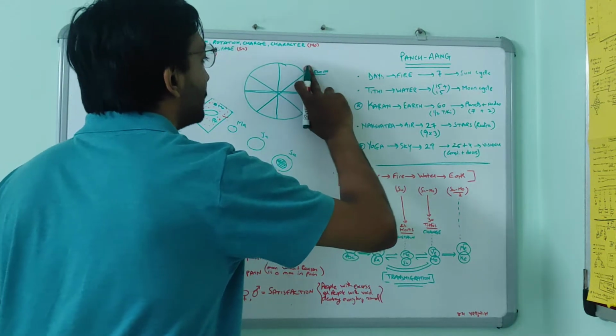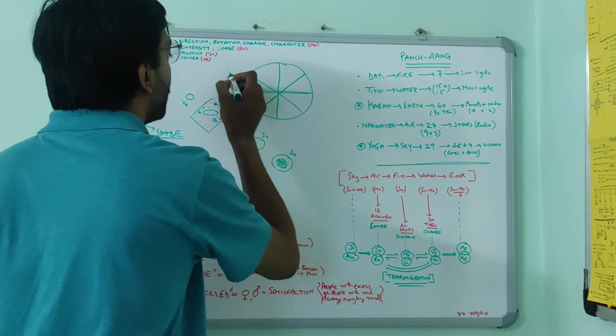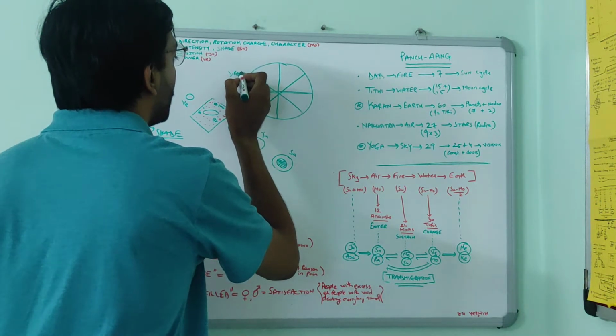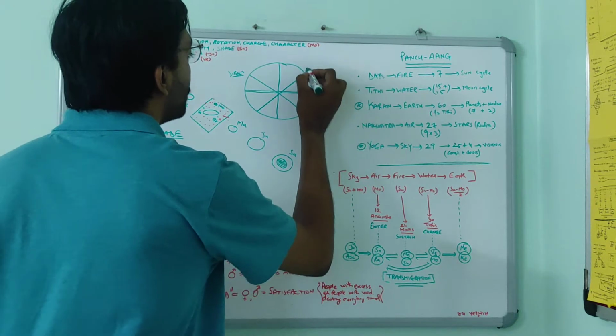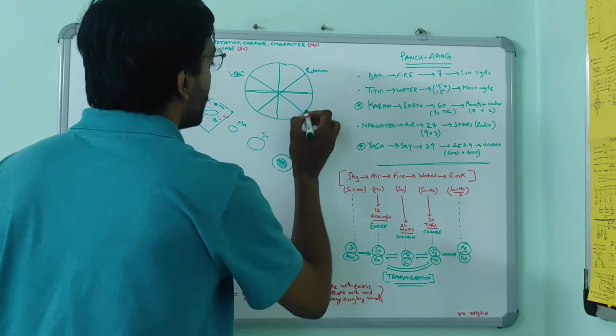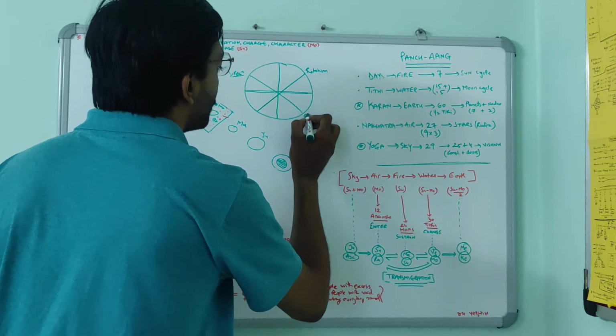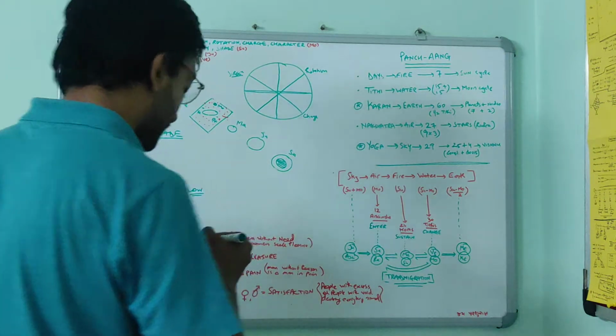Let's make a compass like this. This is direction. This is rotation. This is charge. This is character. I will erase this.